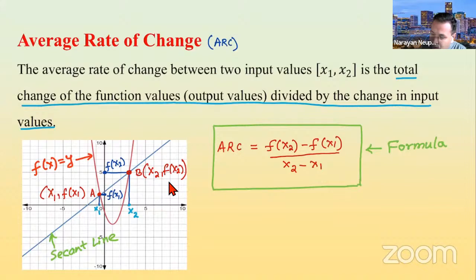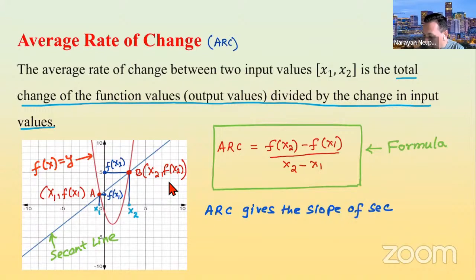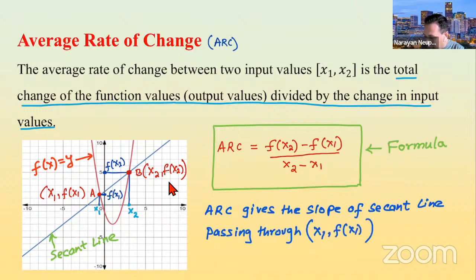So we can add that comment there. ARC, or average rate of change, gives the slope of the secant line passing through x1 comma f of x1 and x2 comma f of x2.